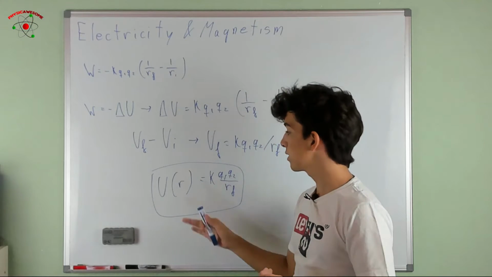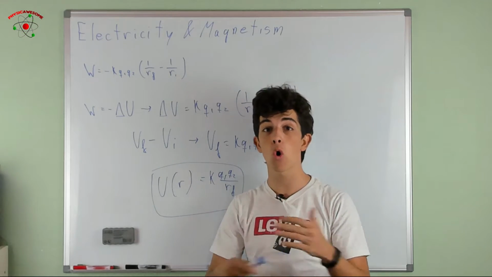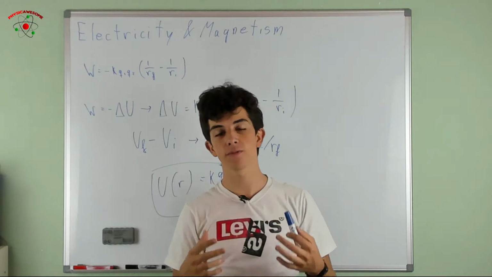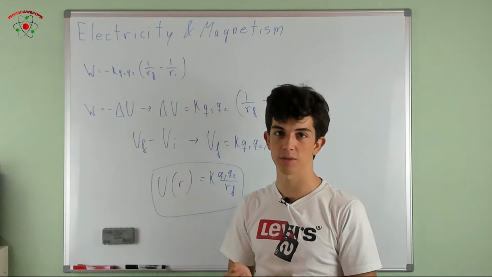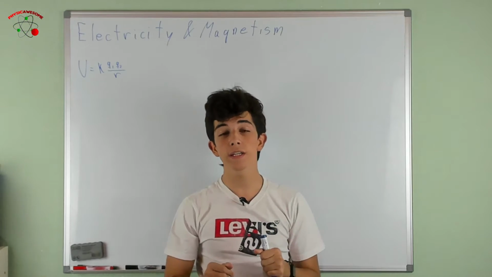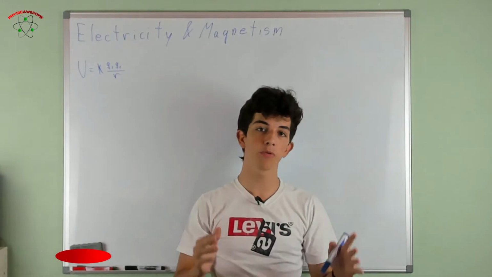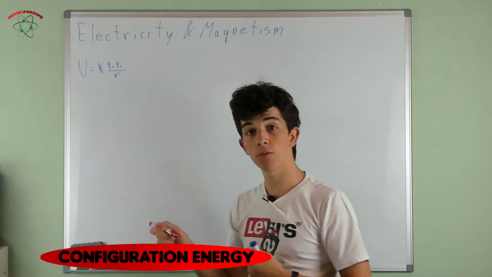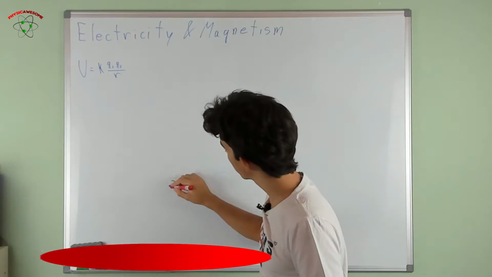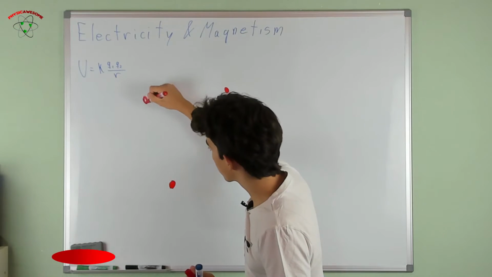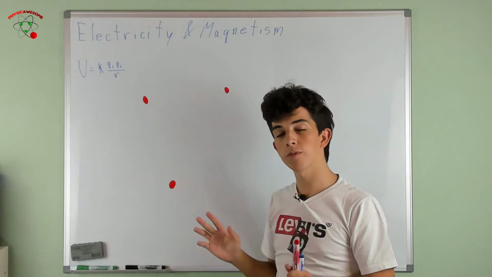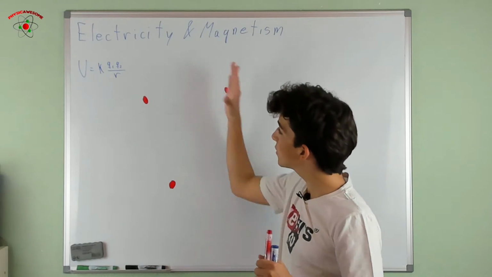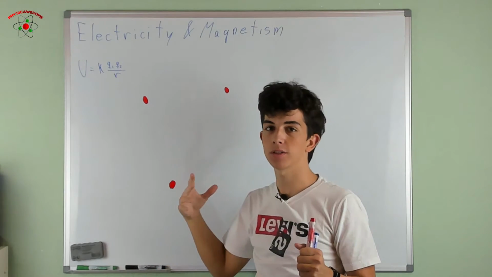Now that we have our electric potential energy, there's a whole new world of possibilities open to us in the field of electricity and magnetism. One example of this is understanding what the configuration energy of a system is. If we have a system of charges, the configuration energy is the energy required to build this system from scratch.